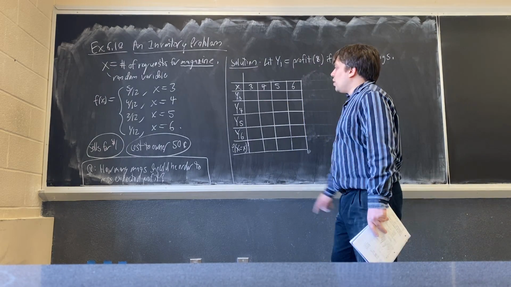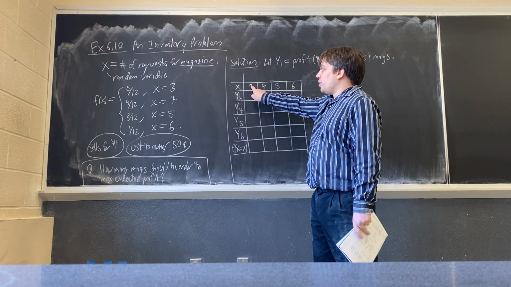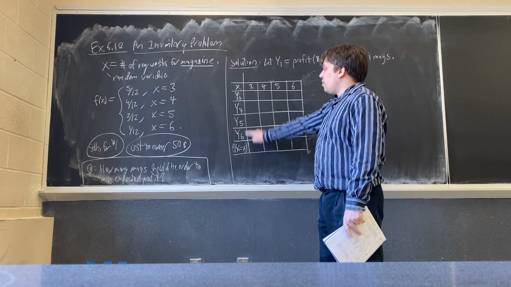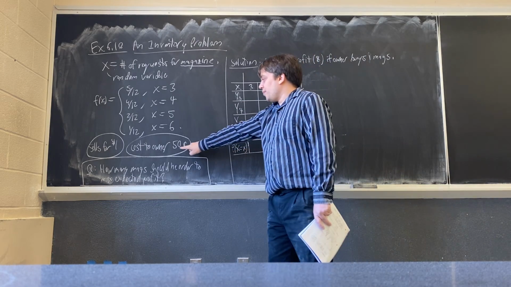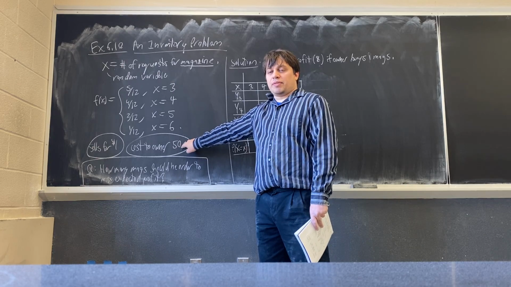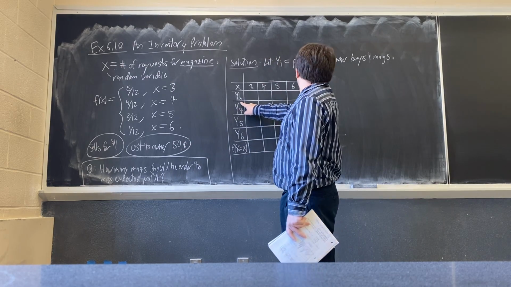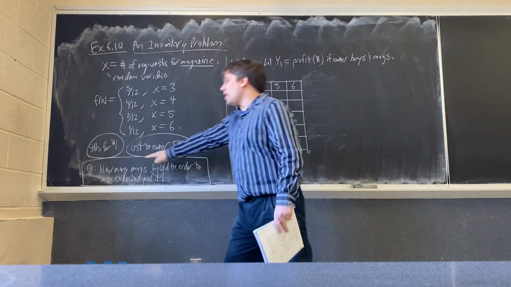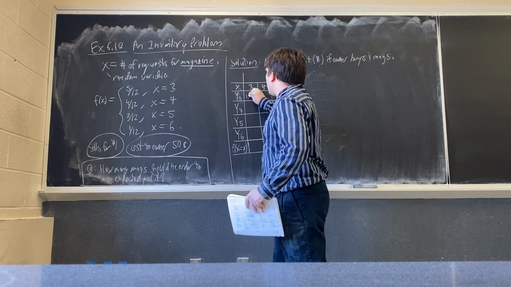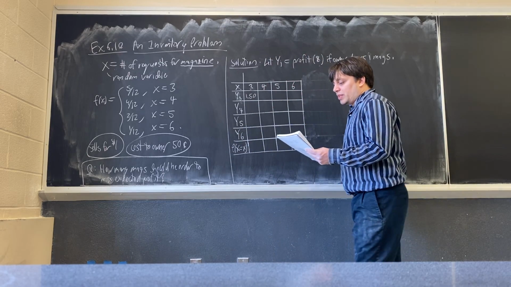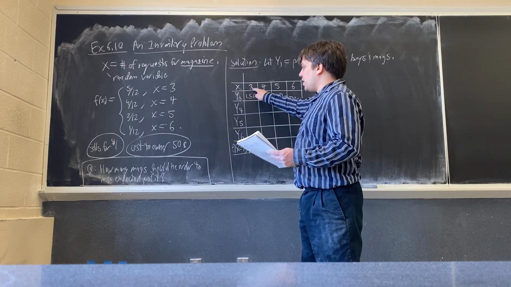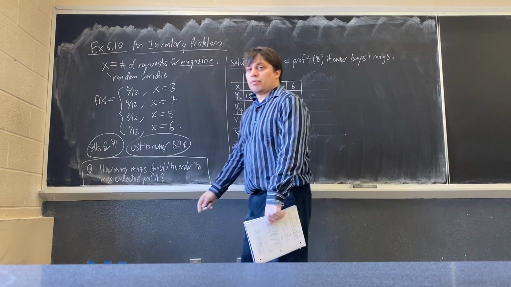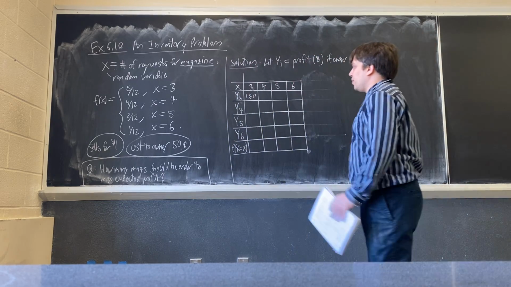So if the owner buys 3 magazines and 3 are requested, it costs the owner 3 times 50 cents, $1.50, to buy 3 magazines. He sells all 3, so he makes $3 and it costs him $1.50, net $1.50.